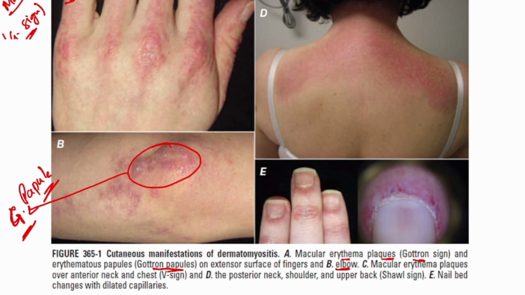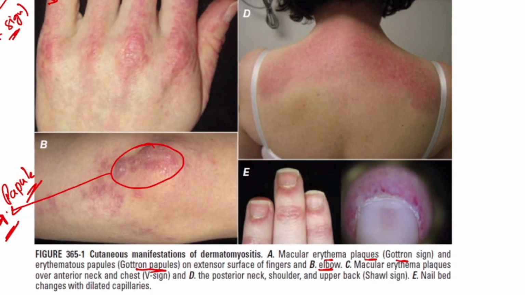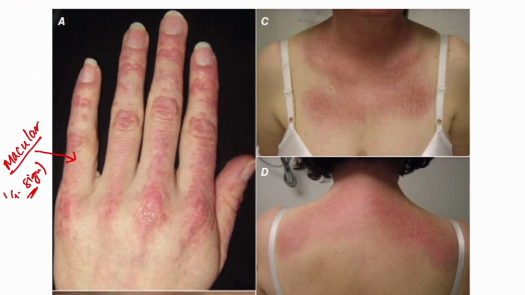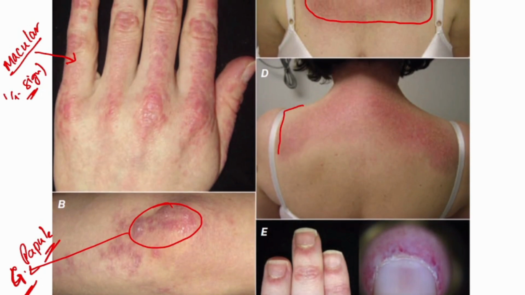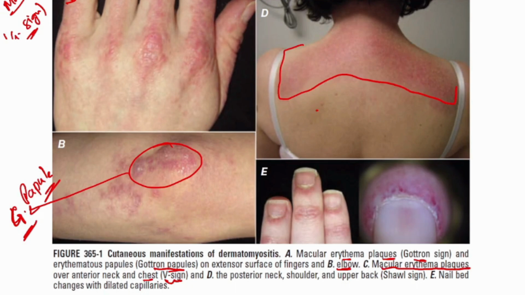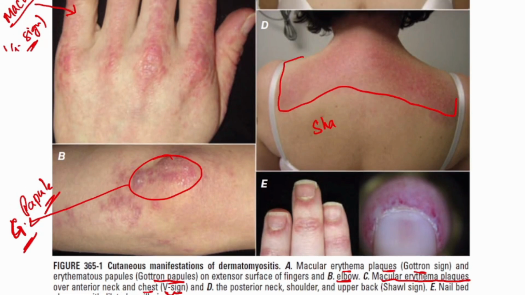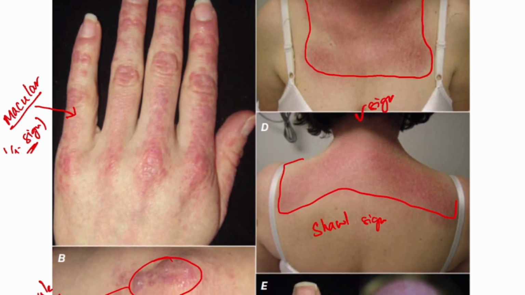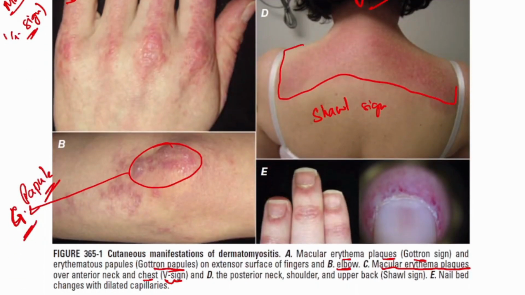Then on the elbow also, this is on the elbow basically. Macular erythema plaques over the anterior neck and chest, V sign. Let us see the V sign. Here is the V sign that we discussed previously in the previous slide also. This is a V sign. This is a shawl sign, and this is V sign, right?